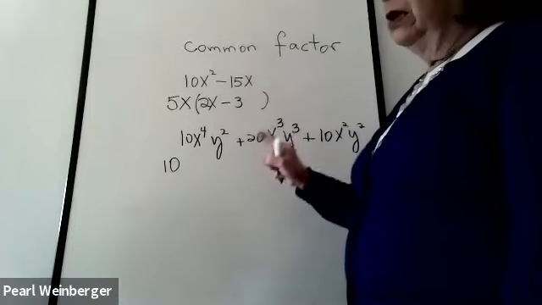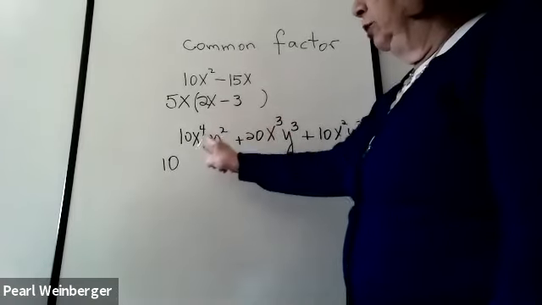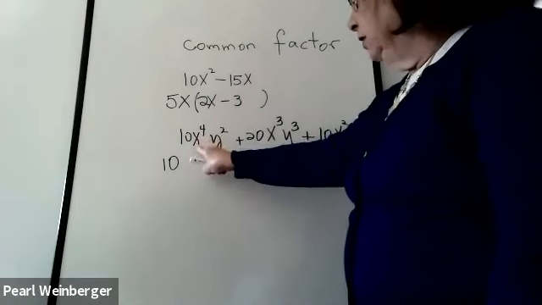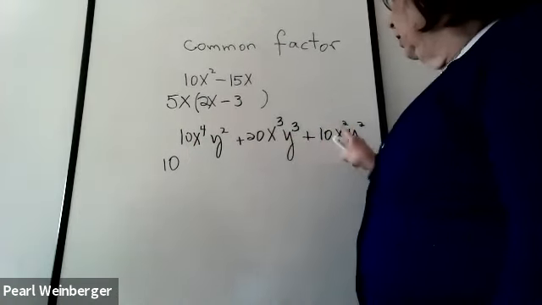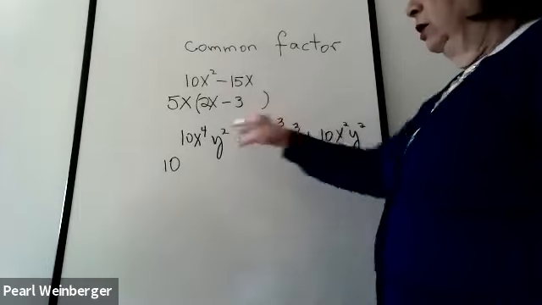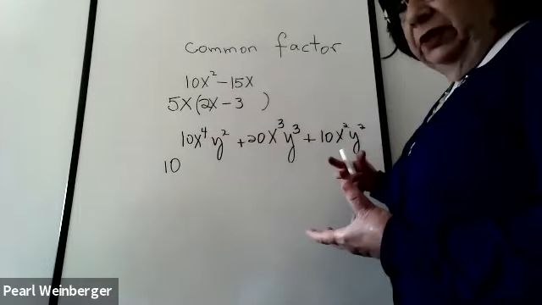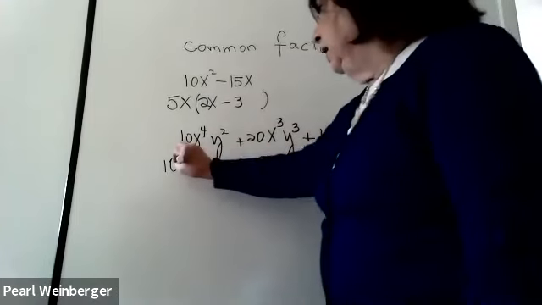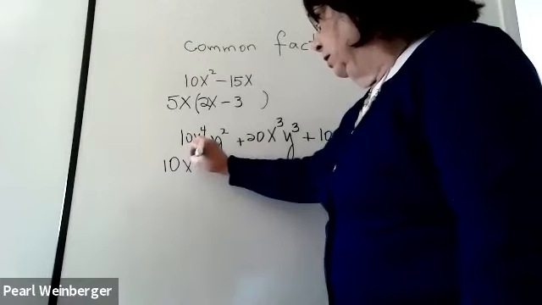Now we're going to start with the variables. So let's look first at the x's. There's an x fourth, an x third, and an x squared. So there are x's in each one of these terms. The lowest exponent is the 2, so that's my common factor, x squared.